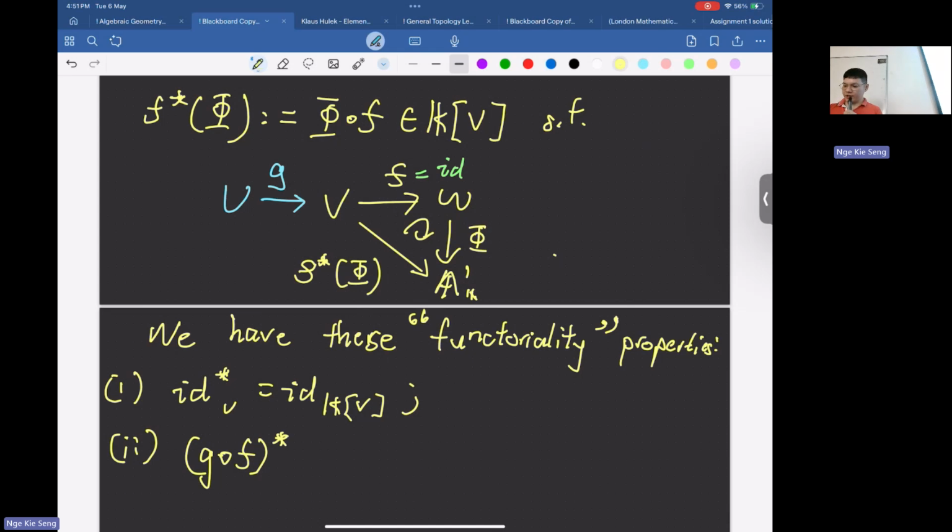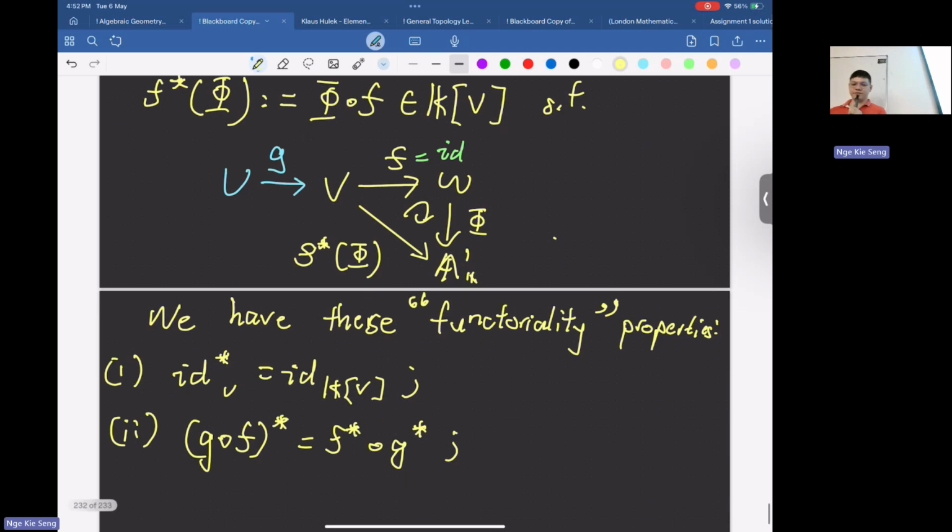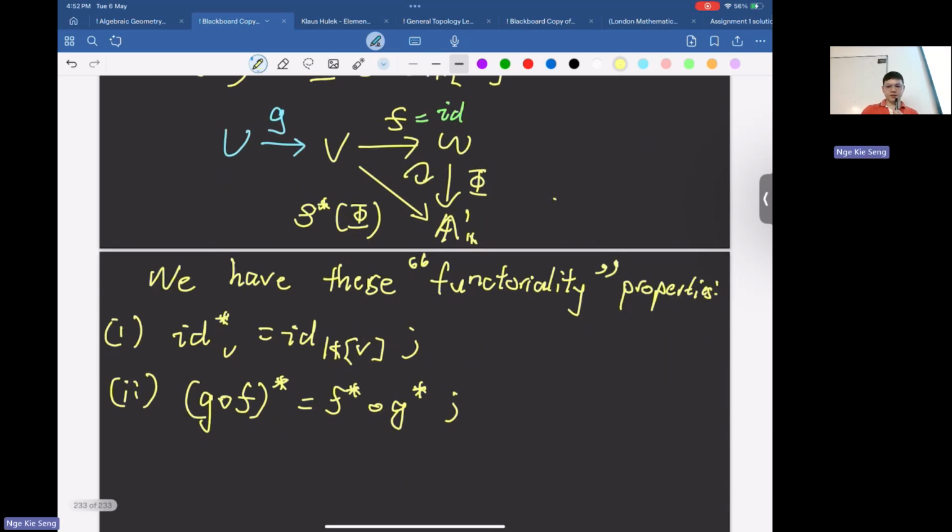Actually you will get F star composed with G star, the pullback of the composition. It swaps the order. The inverse of a matrix is also like that, right? Okay, last one.